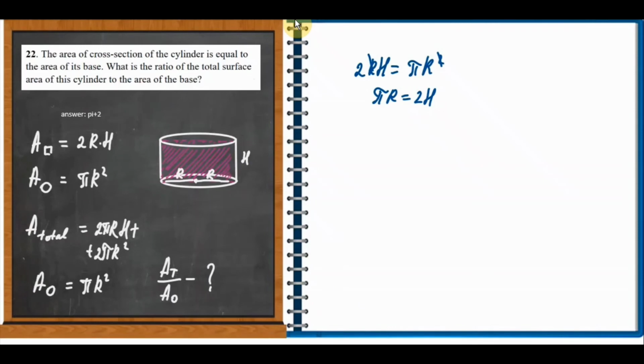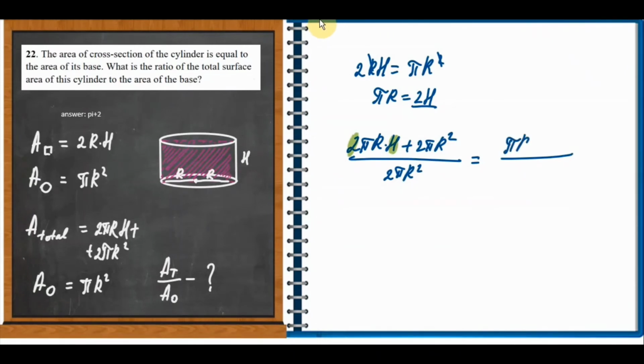Area of total is 2πr multiplied by height plus 2πr squared. Now the area of the circle is πr squared. Here we can do substitution. We know that 2h is just πr. So instead of 2h, we will substitute πr. And here we have another π and r plus 2πr squared over πr squared.